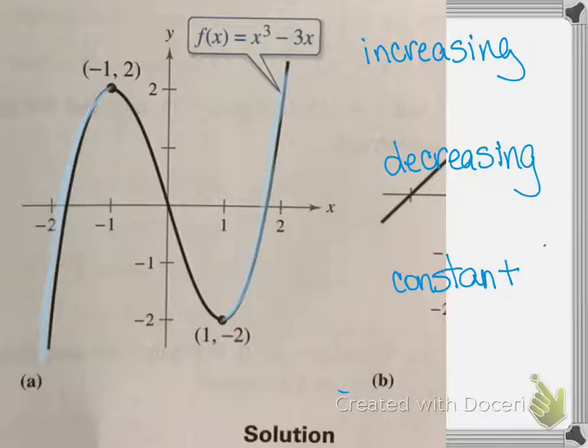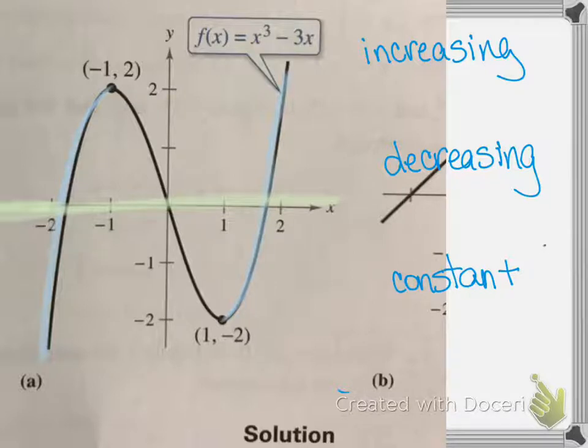Anytime I'm talking about intervals, I want to know the values of the x-axis. I'm looking at the direction of the graph to determine what's increasing, decreasing, or constant, but the values that I put for my interval notation are the x values. So when I'm talking about my increasing interval right there, what I'm focused on is the negative 1 because it's the x value.